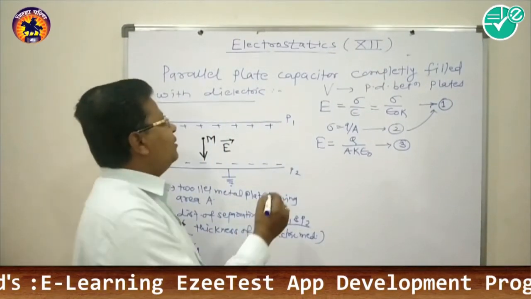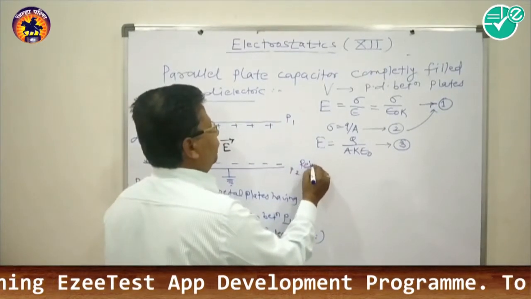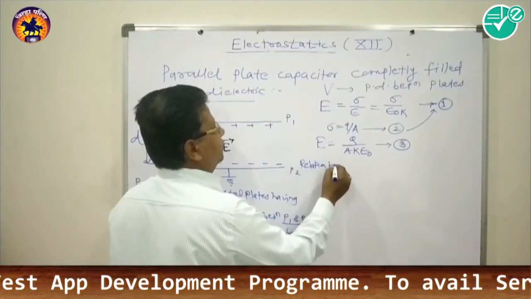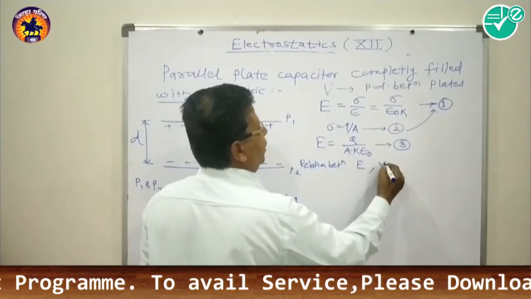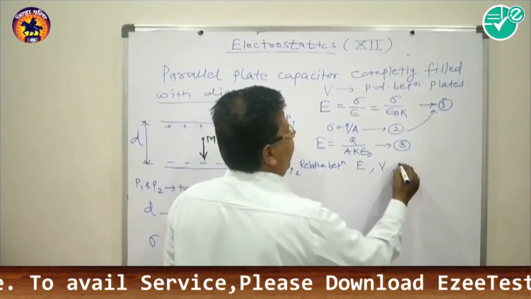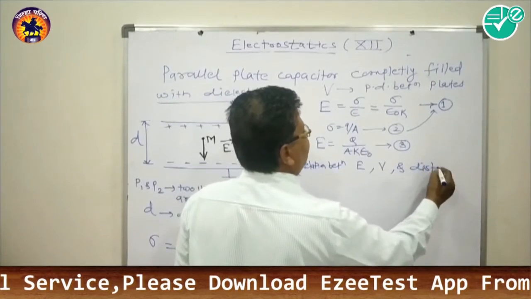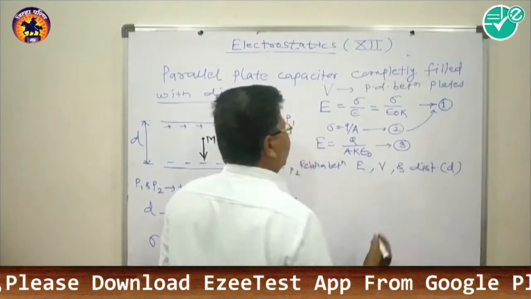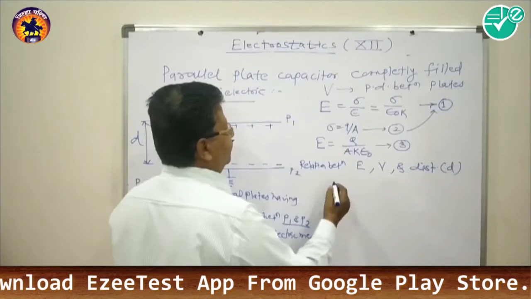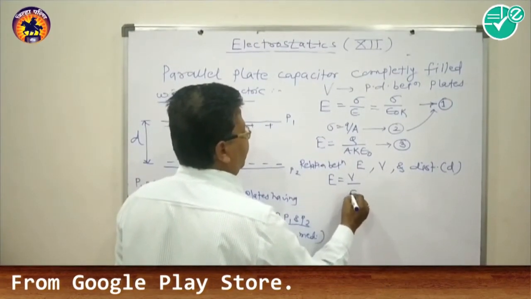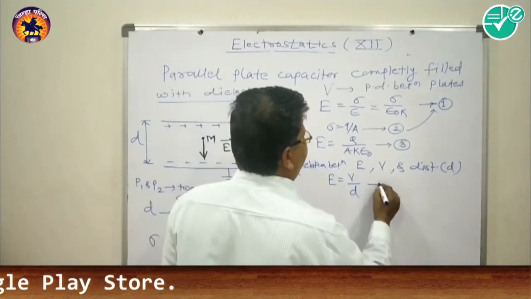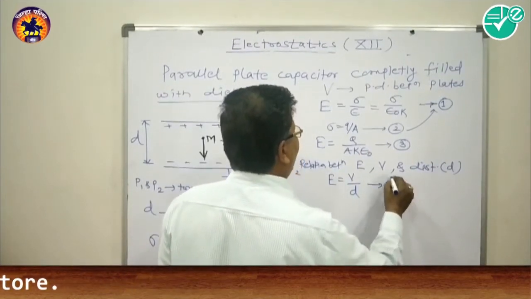Again, the relation between electric field intensity, electric potential and distance is given by the formula E is equal to V by D. Say this is equation number 4.